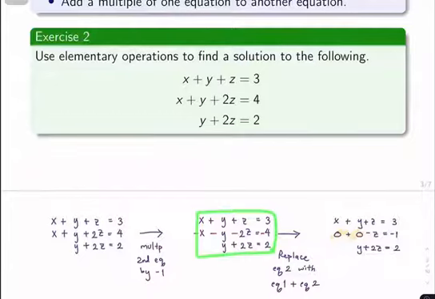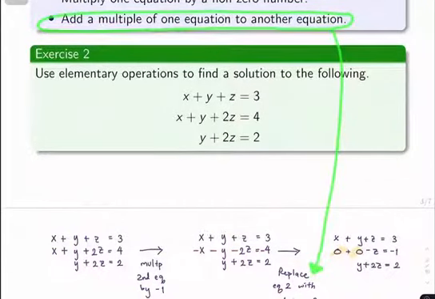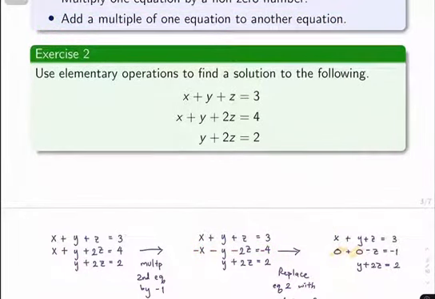Now, because my goal is to find a solution, I want to try to simplify the system. I noticed that if I add the first and second equations, I would cancel out x and y. So I will do that. I will apply this third operation where I replace my second equation with 1 times the first equation plus the second equation.